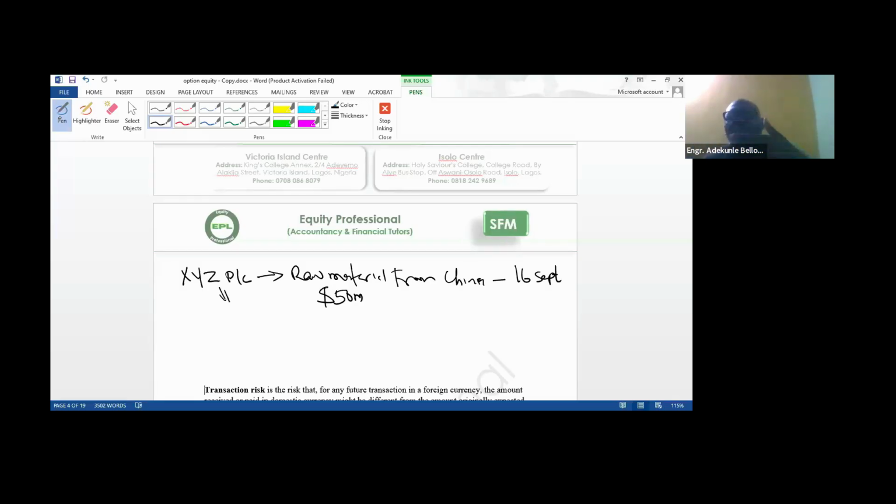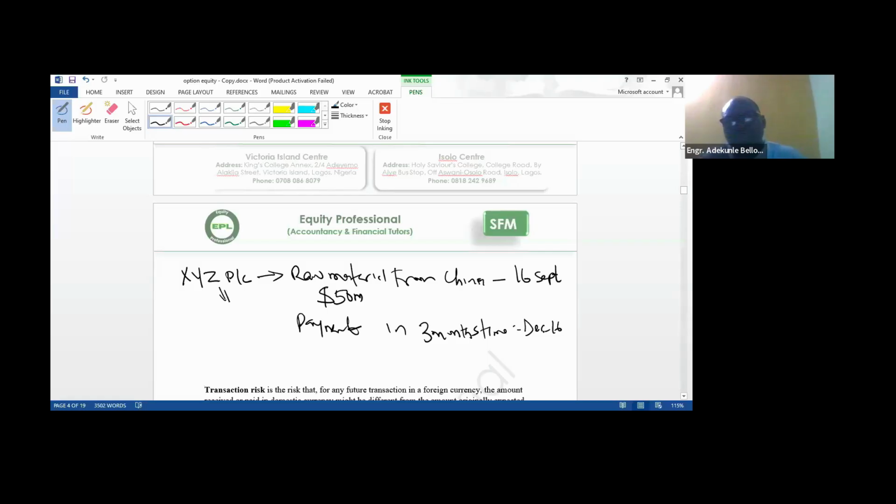And we are required to pay back in 3 months' time. Our supplier has supplied the goods to us, and we are given a 3 months grace period to make payment. That means we are going to make payments in 3 months' time, that's like December 16.